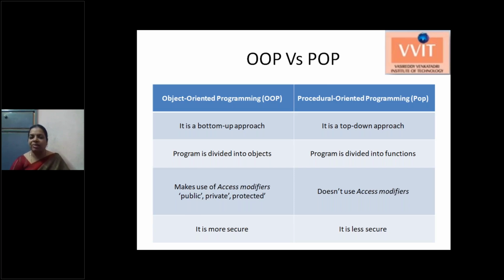Whenever we want to do a particular task, first we decide what data is required for that task. For example, I want to perform the addition of 2 numbers. First we take the 2 numbers, A and B, and then decide what functions we can perform on that data: addition, subtraction, division, multiplication, the maximum or the minimum of 2 numbers.